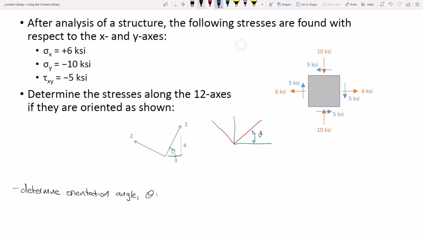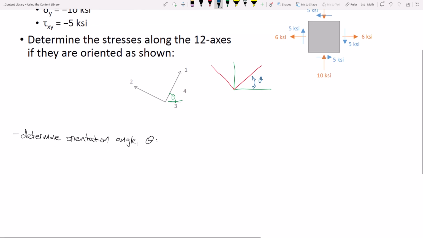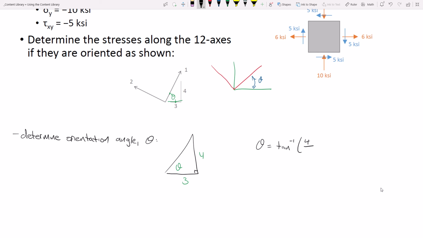So all we have to do is say, all right, we're given that this is 3 and that's 4. We need an angle. I propose that the angle is the inverse tangent of opposite over adjacent. And what is that in degrees?